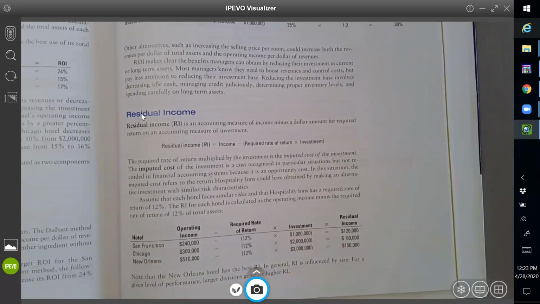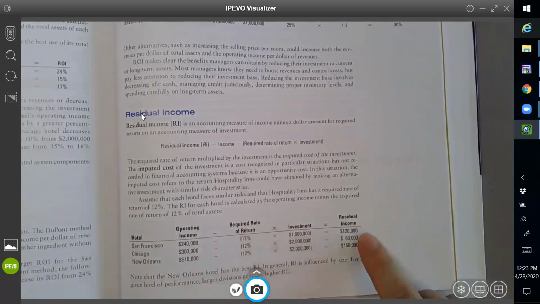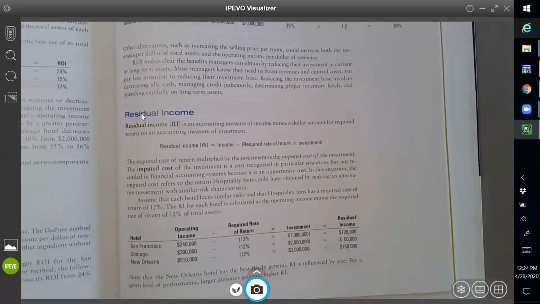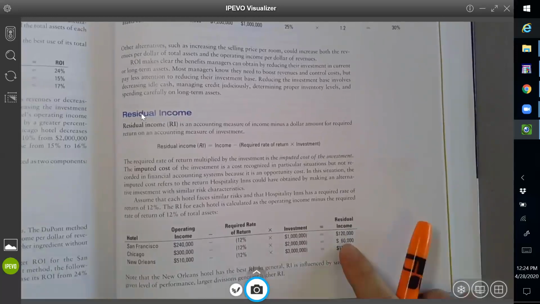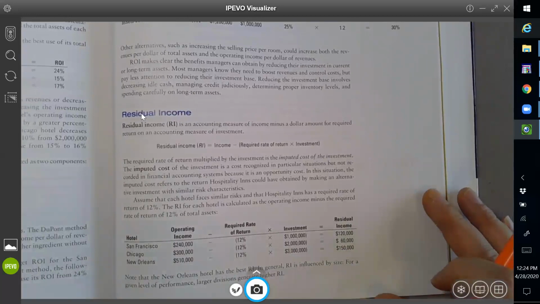They have to pay their return first. So they subtract the return, and that will be their residual. Definitely, higher residual means better. This is the residual income.